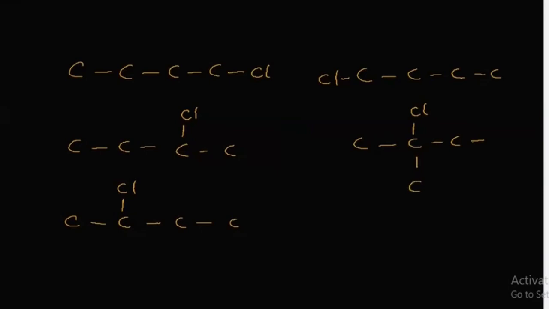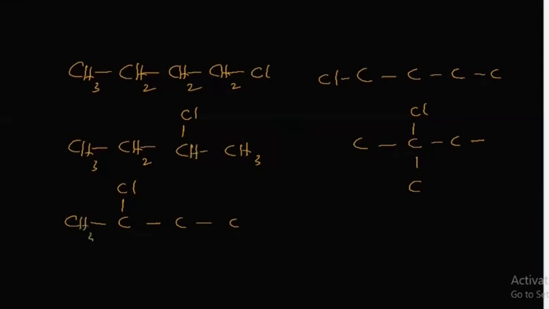Now look at the first structure. This is CH3, this is CH2, and CH2, CH2Cl. This is CH3, then CH2, CH3. This carbon is bonded with three other atoms, like two with carbon and one with chlorine. So to make it tetravalent, just add one hydrogen.